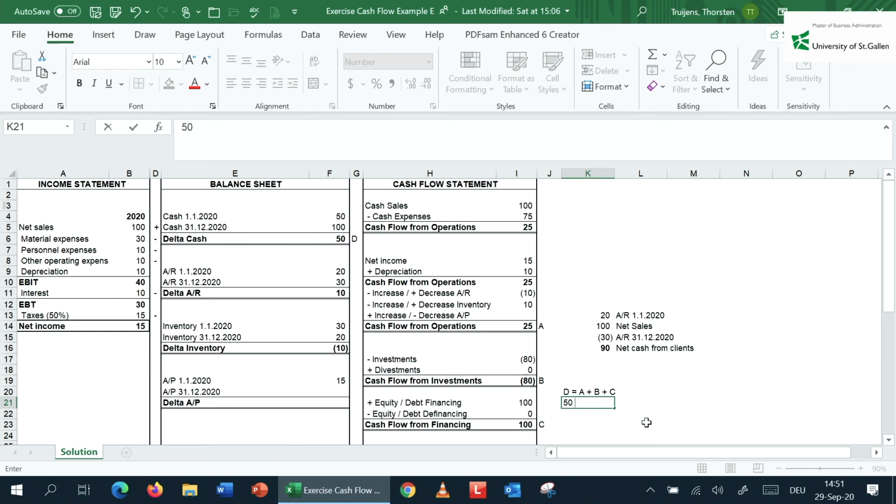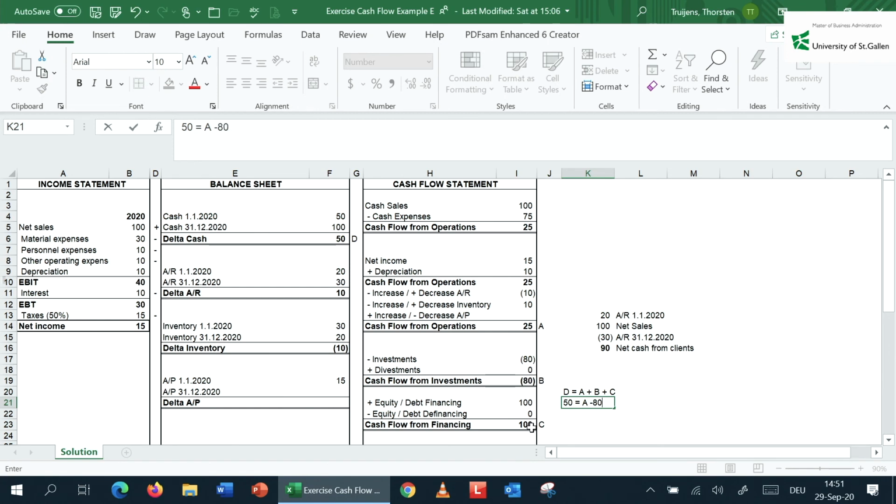So A is 50. No, sorry, D is 50. A we don't know yet. Why don't we know A yet? Because we're lacking the accounts payable. So A is not complete. So A is our question mark, our X. We need to solve for this unknown. But we do know B. B, we do know, is minus 80.